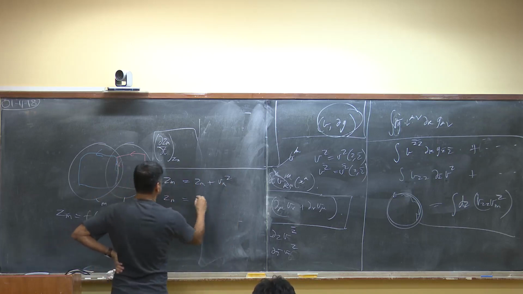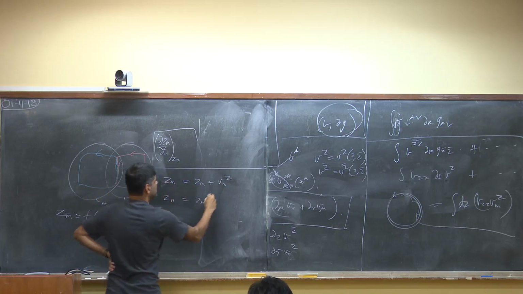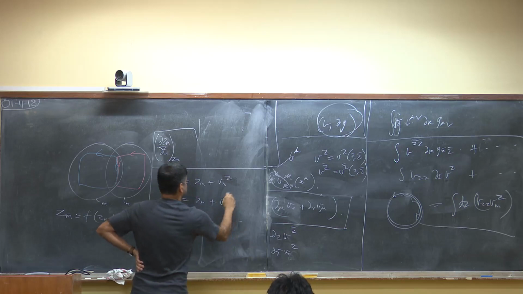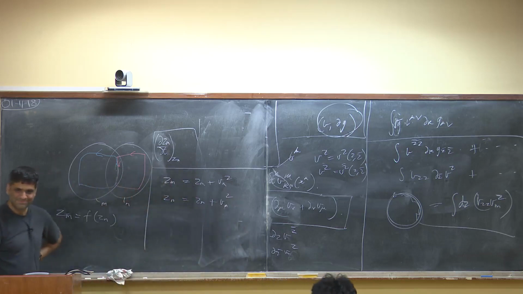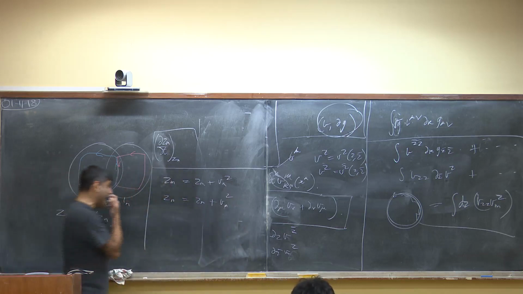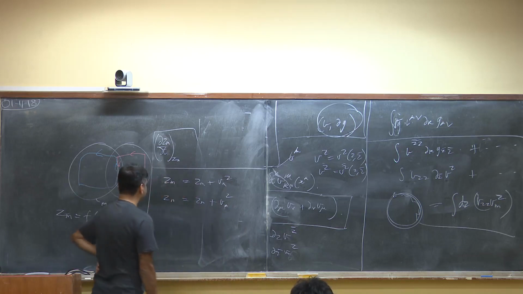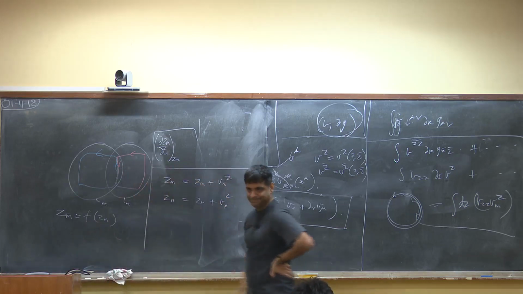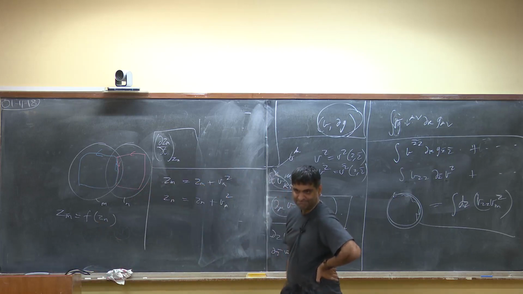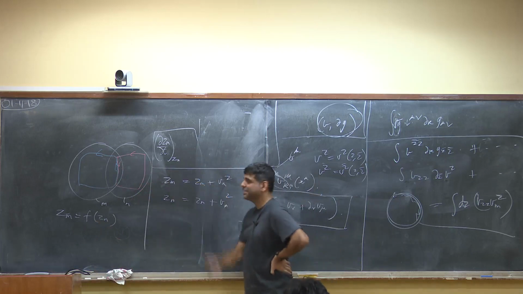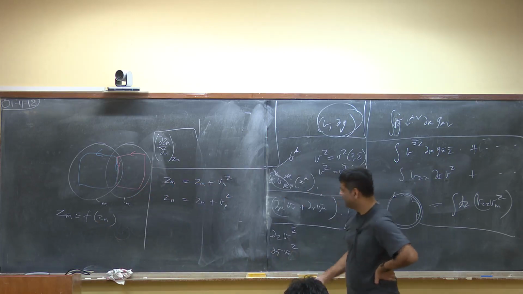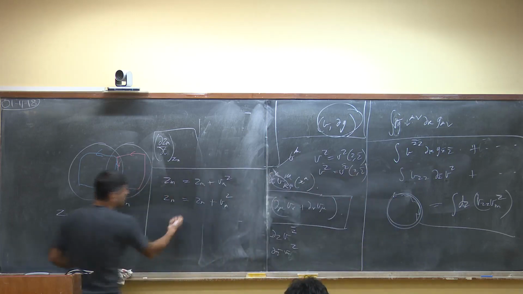Zn was equal to Zn plus Vn of Z. Now, I want not to change Zn, but to see how much Zm changes. So I have to move to a different point.